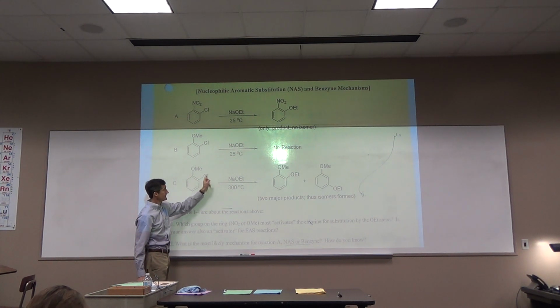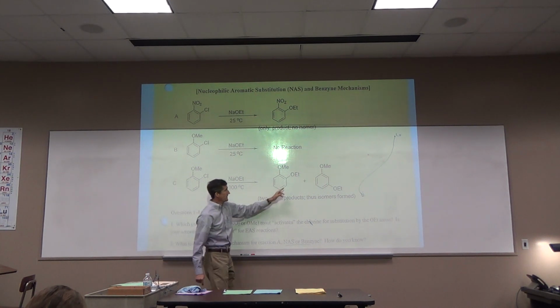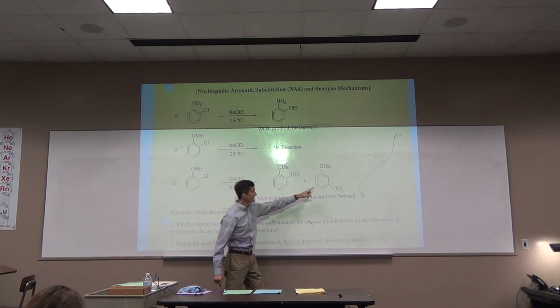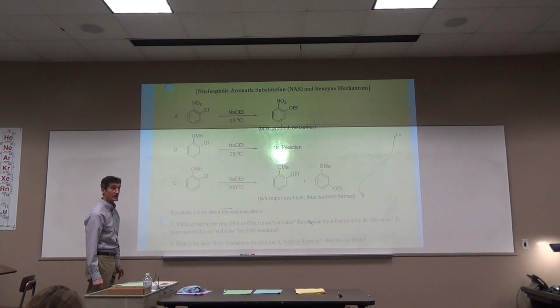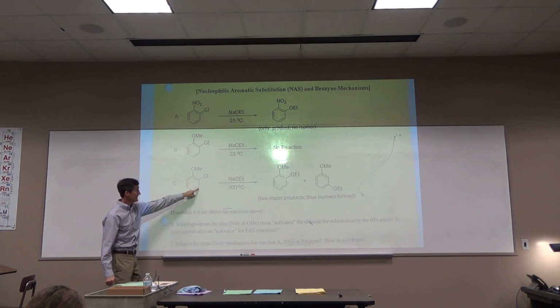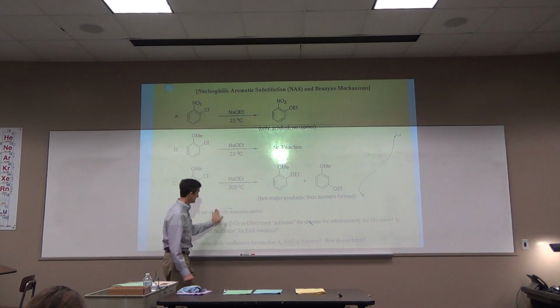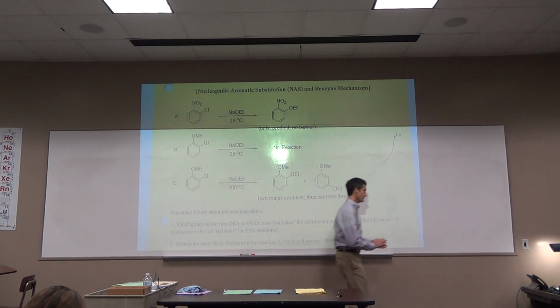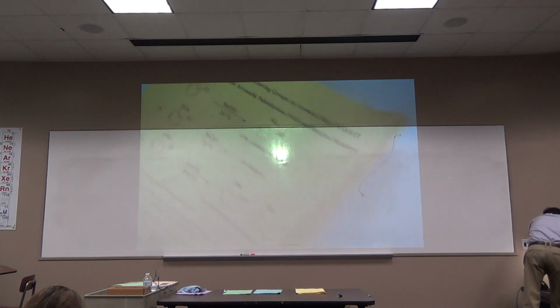You can replace the traditional leaving group with the nucleophile. But somehow you get the nucleophile bonding to the other carbon as well. It ends up bonded here. What's going on here? Okay, so those are some warm-up questions to think about.